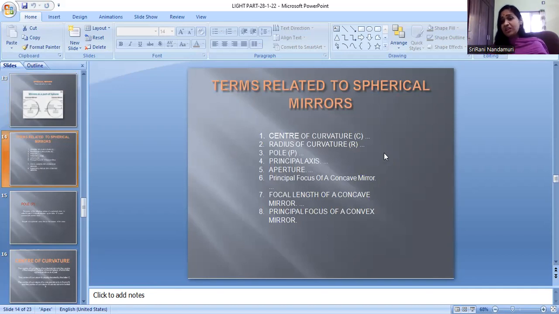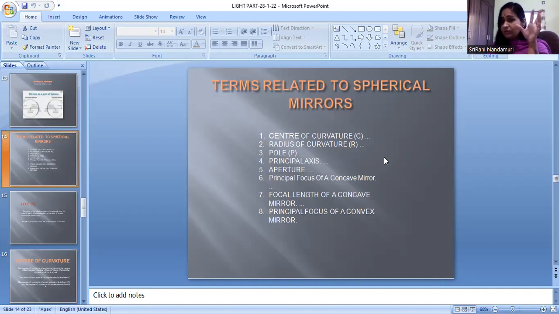How can you see the principal focus in concave and convex mirrors? These are the definitions you have to know, and they are very important for your exams, for 2-mark or 4-mark answers, and questions can also come in your exam. Learn carefully. This is a very interesting and easy topic if you understand the concept.